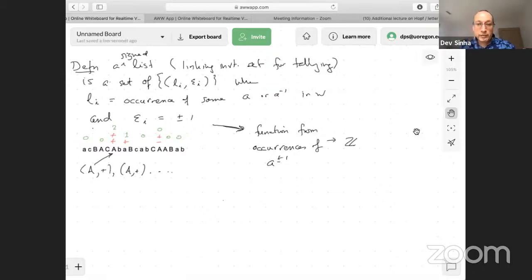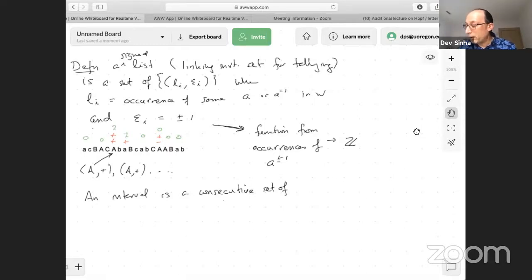Those are the kinds of things that we were playing with when we were looking at the first couple examples. And then an interval is how we co-bounded things. So an interval is a consecutive non-empty set of letters.